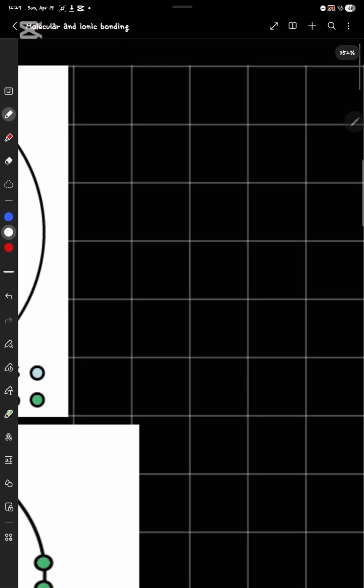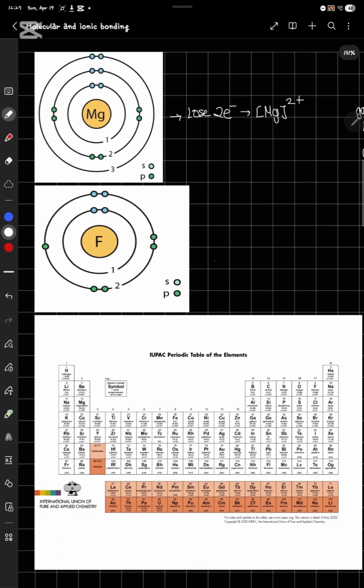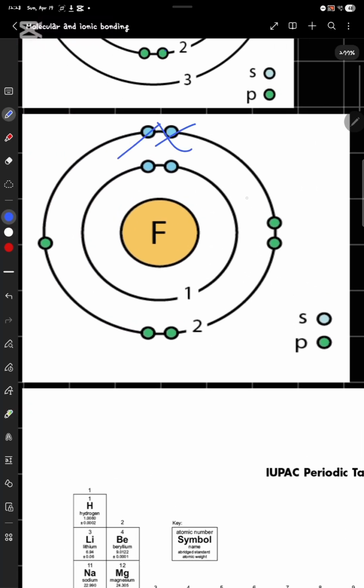So magnesium would just lose 2 electrons, which gives it a charge of positive 2. Okay. Fluorine, on the other hand, has 1, 2, 3, 4, 5, 6, 7 valence shell electrons.